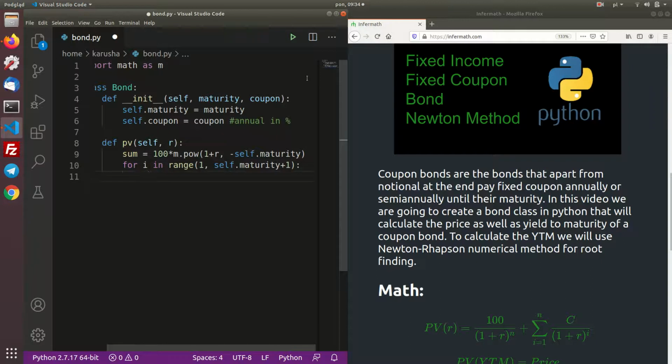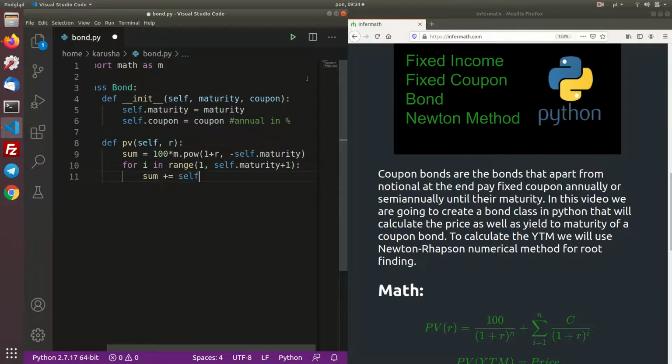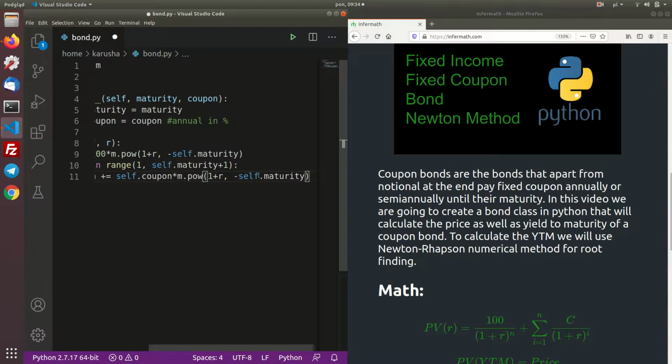And for each of those iterations, we're gonna increment the sum by the coupon. So basically we need to write self coupon, and we also need to discount it. So we can copy this thing, but right now the power will be not the maturity but each corresponding year.